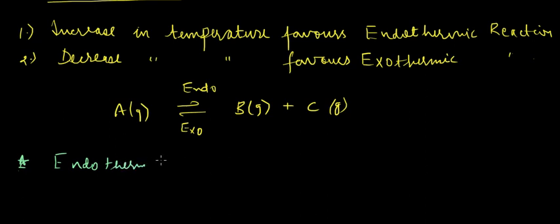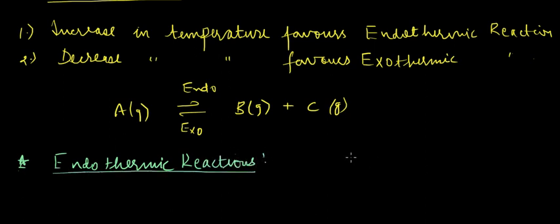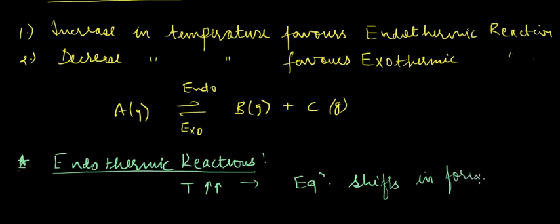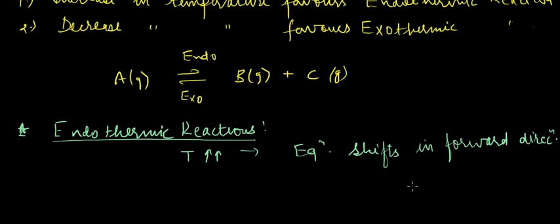For endothermic reactions, if temperature increases, equilibrium shifts in the forward direction, and if temperature decreases, equilibrium shifts in the backward direction.